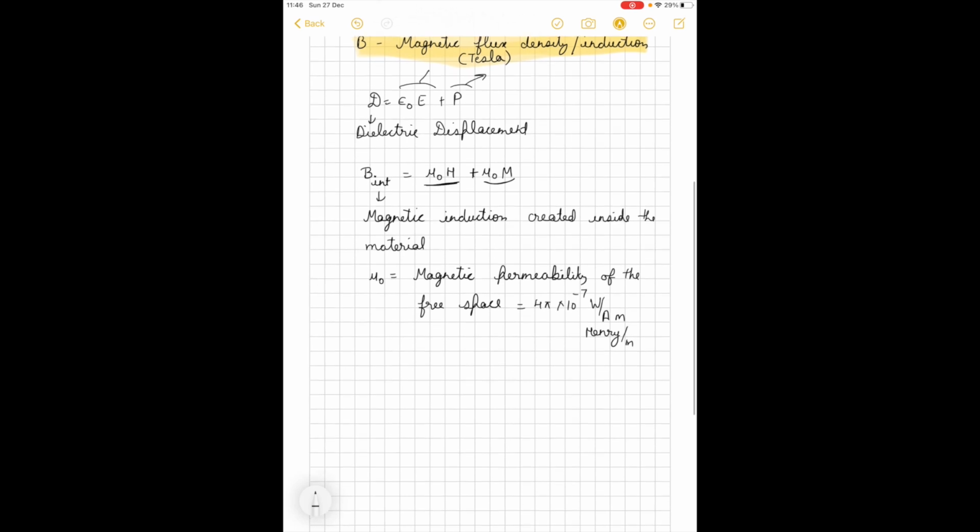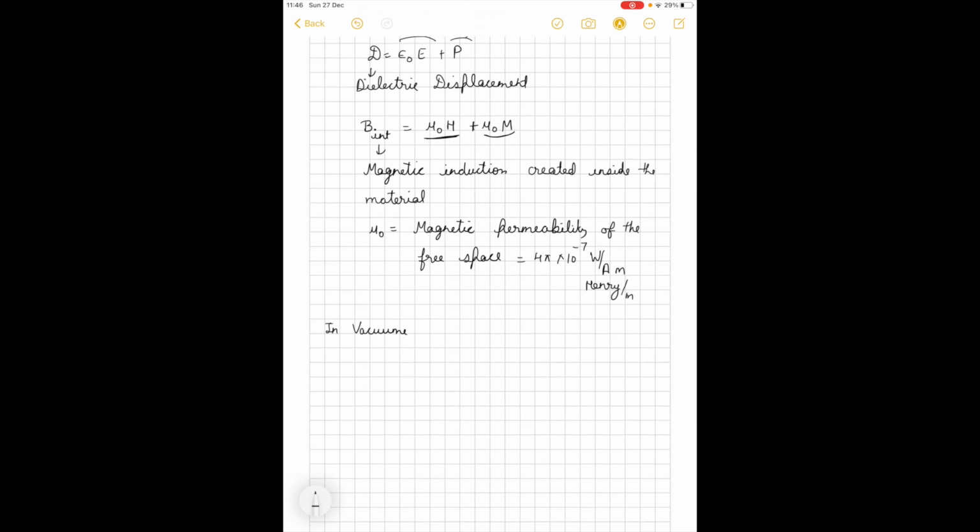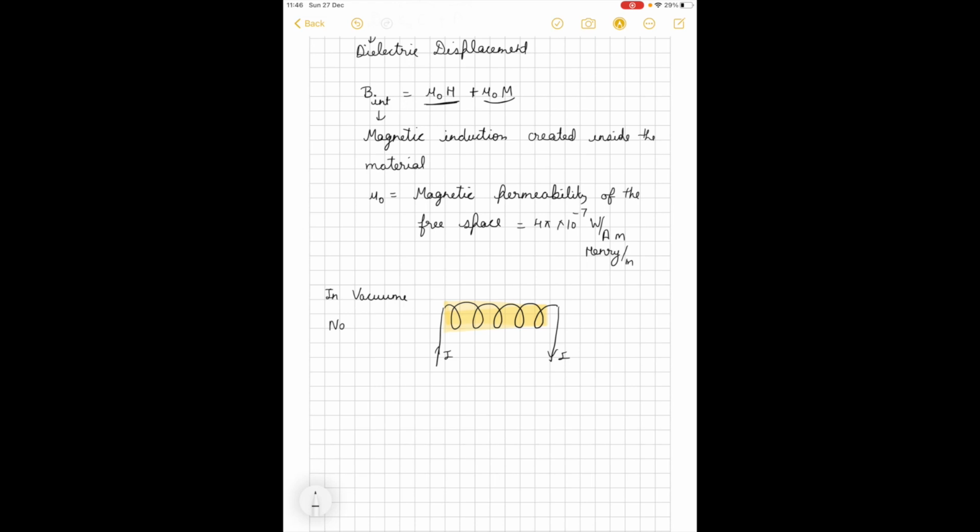Now imagine if there is vacuum, meaning there is no material inside, just free space. Then the magnetization created inside the current carrying coil, you remember I also drew a current carrying coil, something like this, with current I. Inside, in this yellow space, there is no material, it's vacuum.